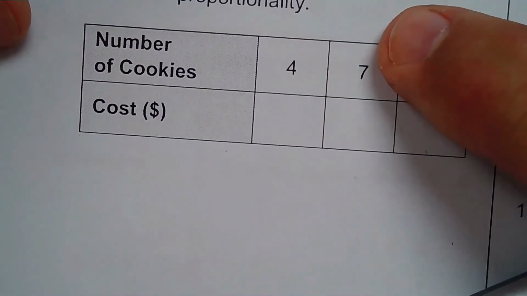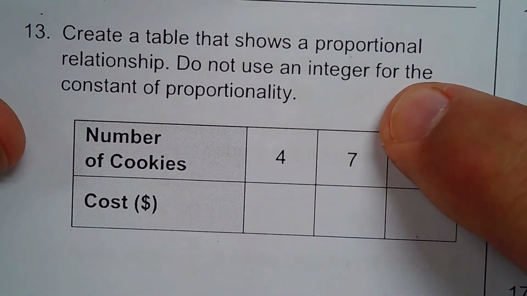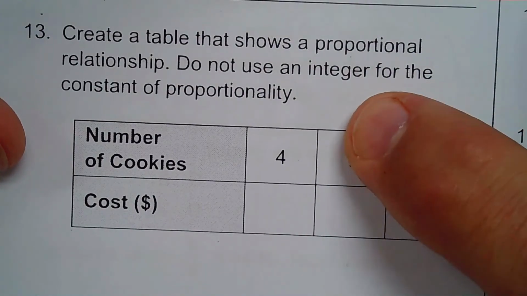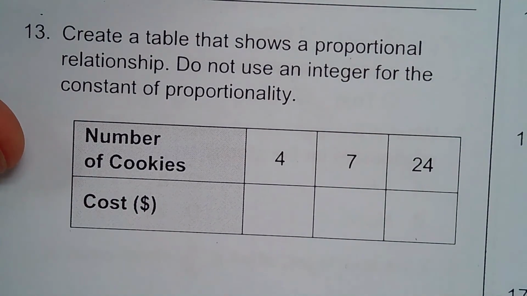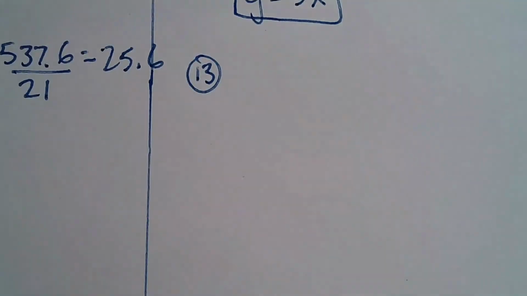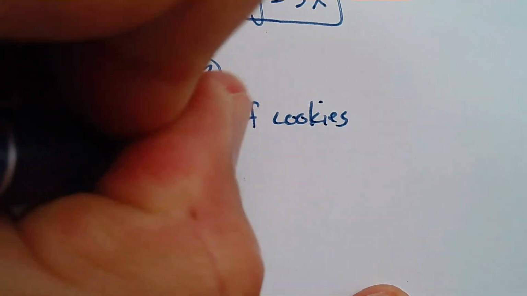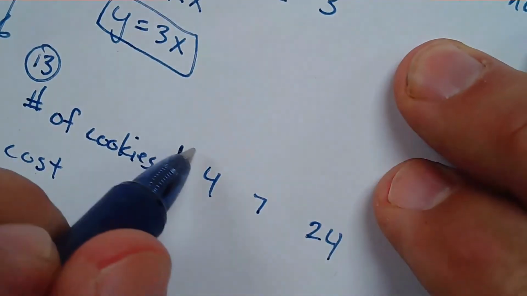13. 13 is create a table that shows a proportional relationship. Do not use an integer for the constant of proportionality. Okay. So I'm going to write this down. So this is going to be number of cookies and cost. I have 4 and 7 and 24.